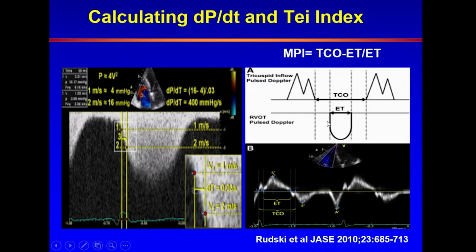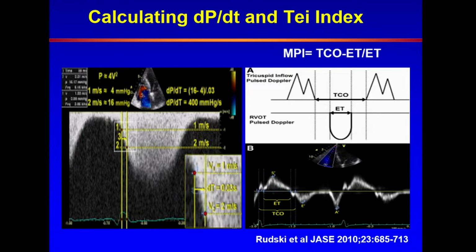But I cannot get ejection time from the tricuspid inflow position. So here I have to go to the RV outflow tract and get the ejection time from the RV outflow tract signal. So I have to look for RR intervals to be matching, otherwise I'm throwing in another variable.